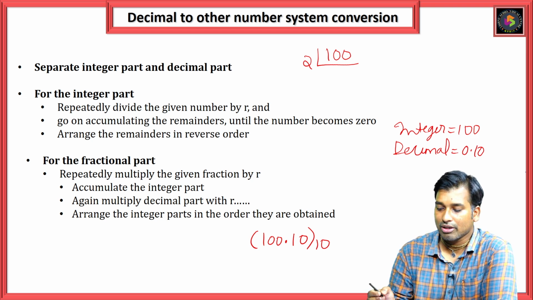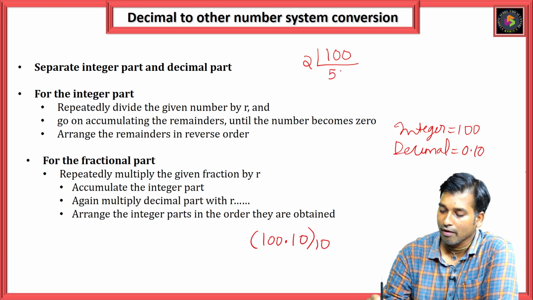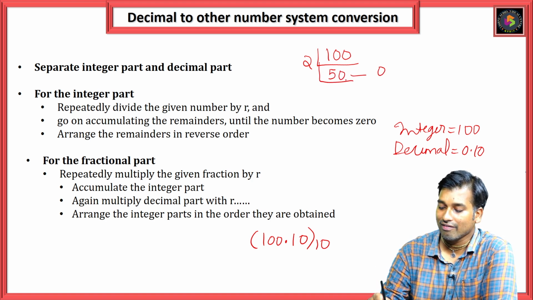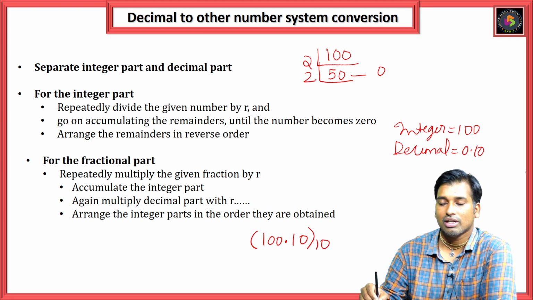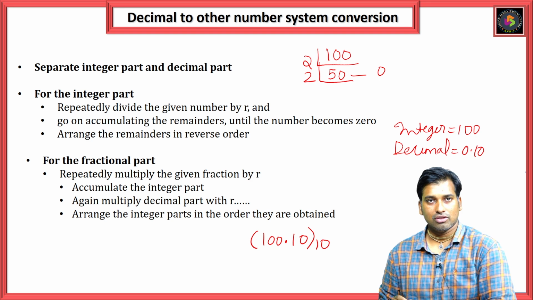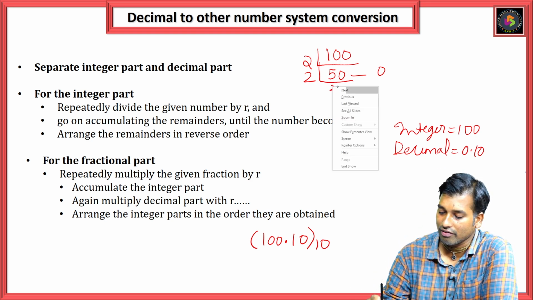When we divide 100 by 2, the quotient is 50 and the remainder is 0. Similarly, we have to keep dividing until the number becomes 0. I'll also try to explain with an example, for example 25.